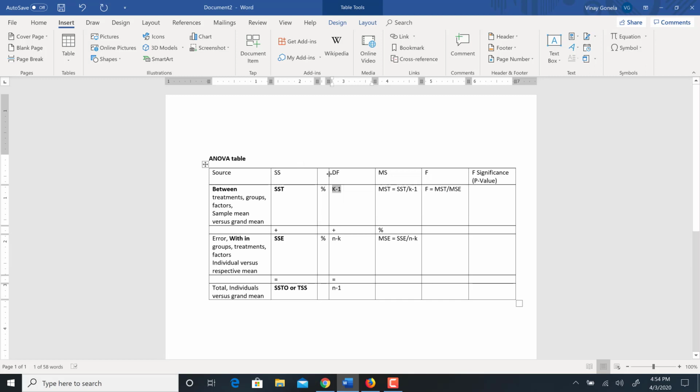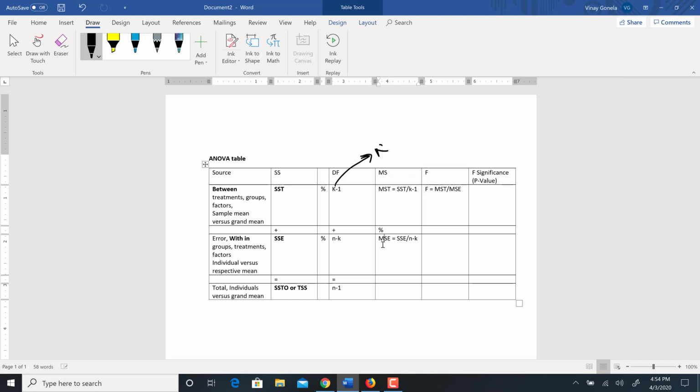Here k is the number of treatments, and n minus k, where n represents the number of samples, is the degrees of freedom for error, and n minus 1 is the degrees of freedom for the total.